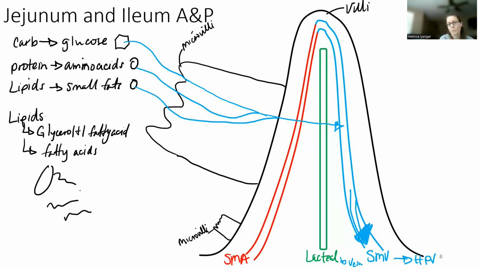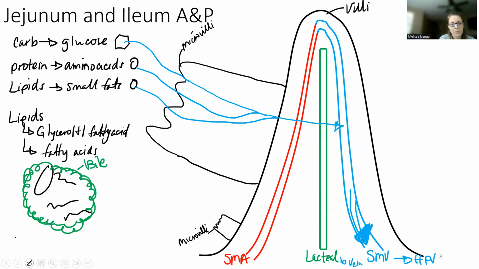Well, those are still kind of big, so we didn't have time to cut them. And since they're still primarily fatty, how do we transport that towards this cell and then get it stuck in the cell? To do this, I'm going to surround all this with bile, the bile salts. And that ends up forming my micelle.